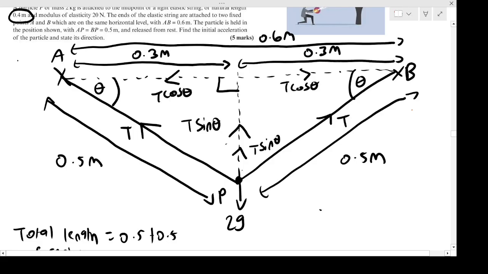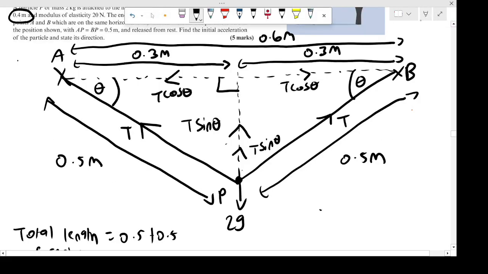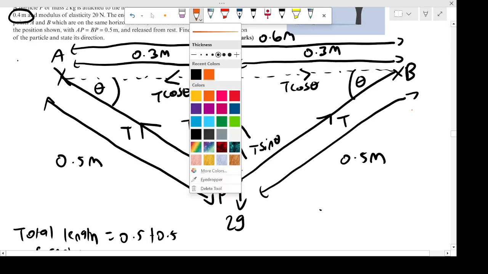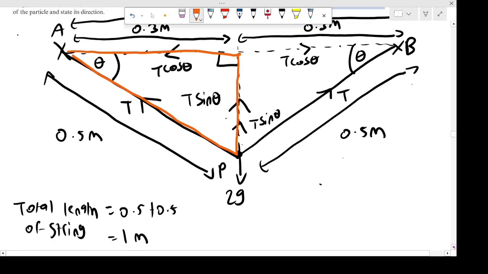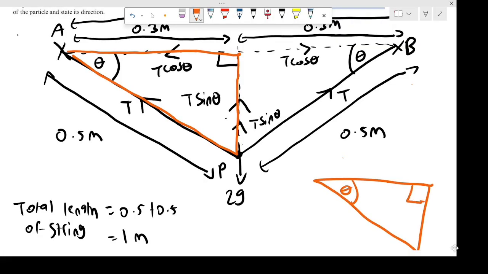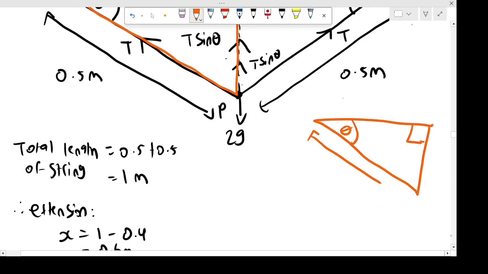Now what we can do to find theta? Well, we also know the lengths here and here. Let me, if I do it in a different colour, let's take one of these triangles here. Let's take this left triangle here. I'm going to copy it down here. So this is theta, right angle. We know that this length, the hypotenuse here, is going to be 0.5.